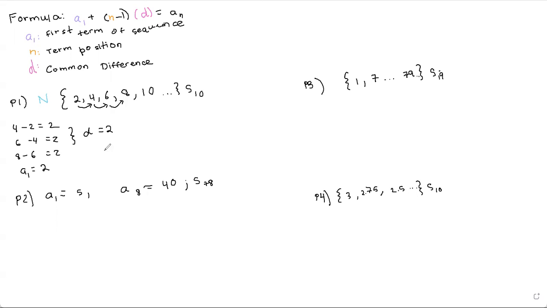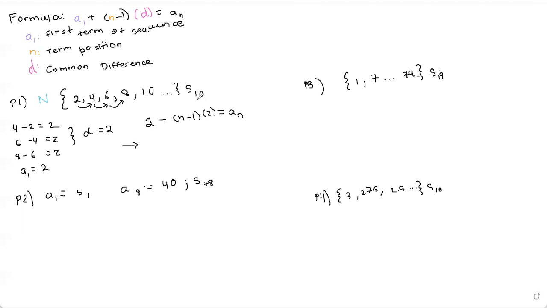Then we can write our formula: 2 plus n minus 1, because we're not plugging in that value yet, times 2, is equal to an.